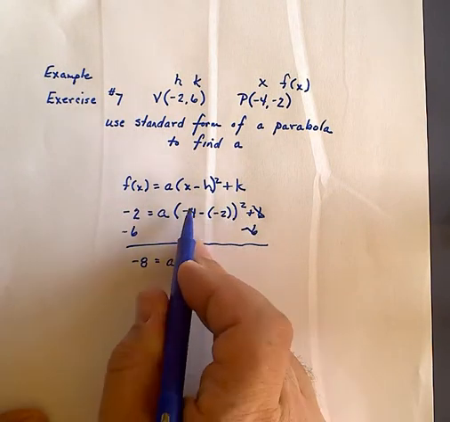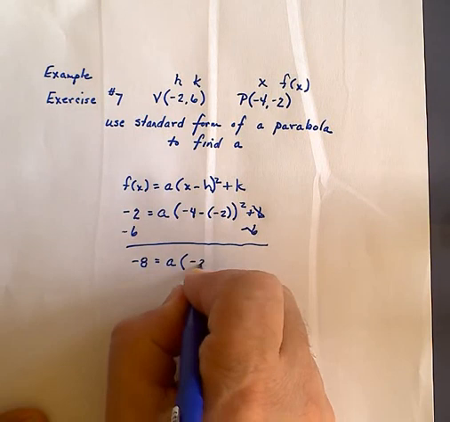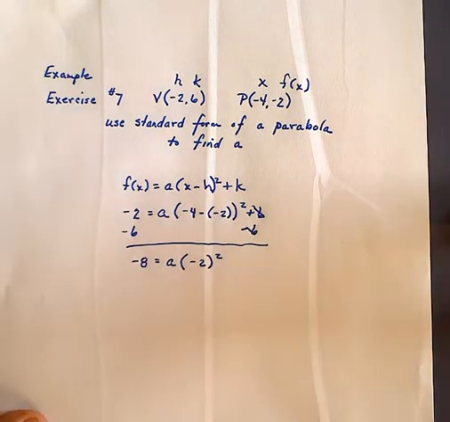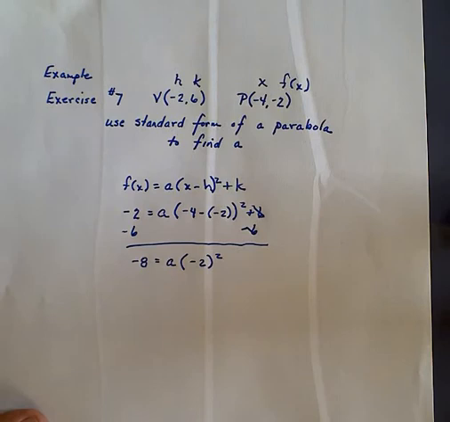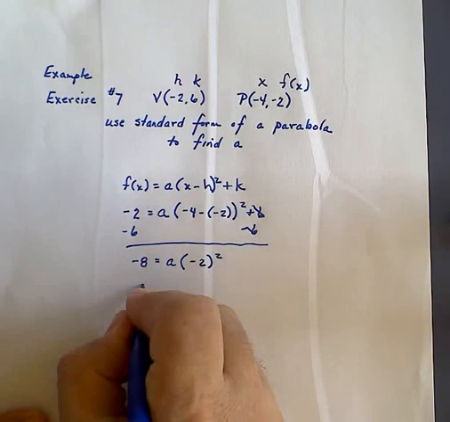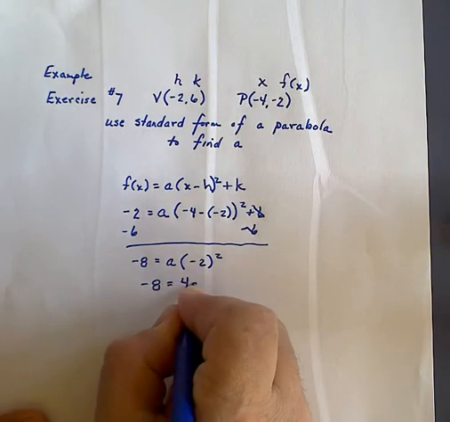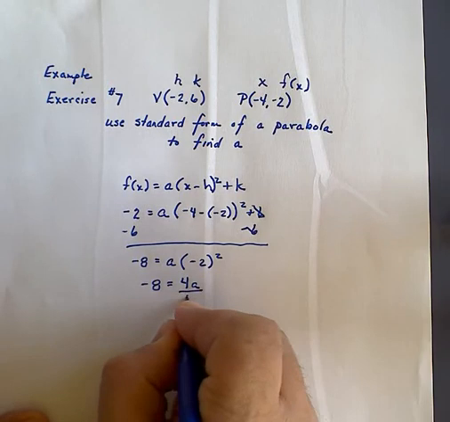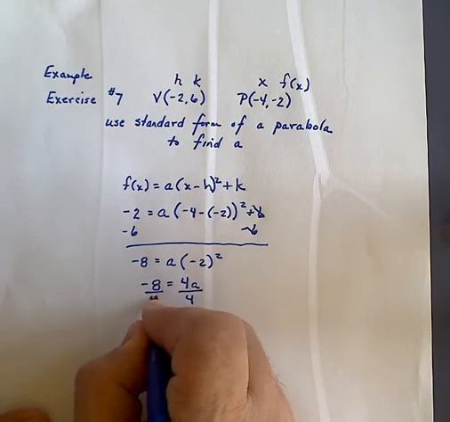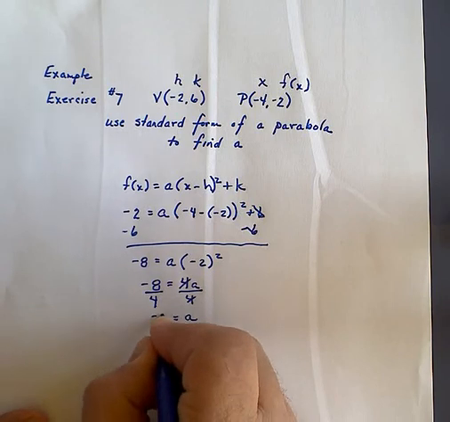So -4 plus 2 is -2, squared. Now, when you take -2 and square it, it changes to a +4. Divide both sides by 4. So a equals -2.